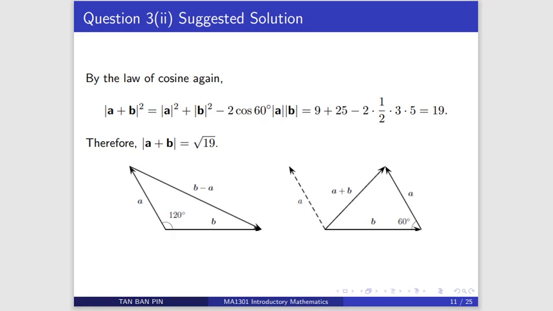The question tells you the angle between vectors A and B is 120 degrees, so you should draw a triangle in this way.